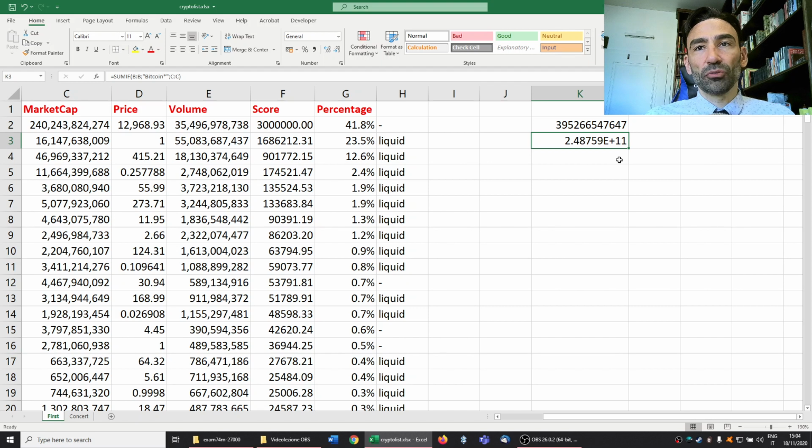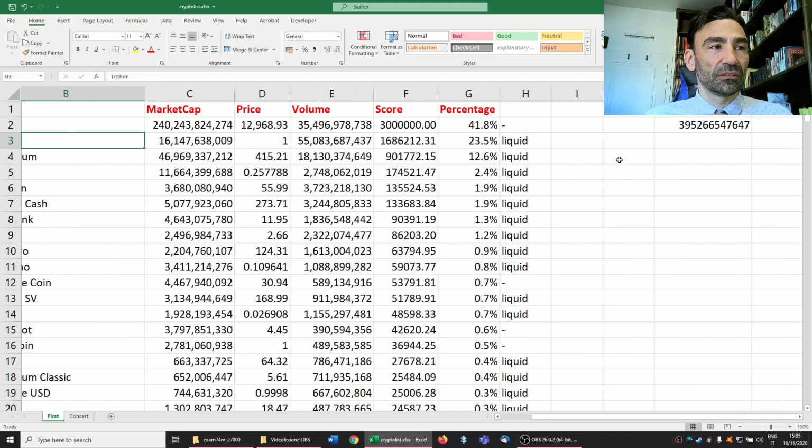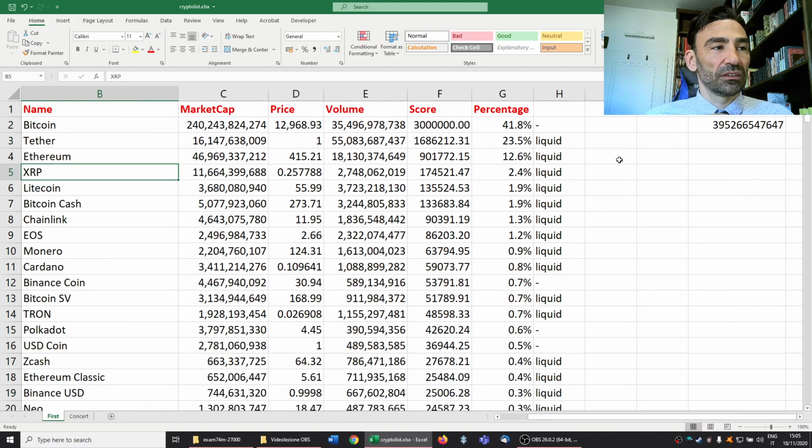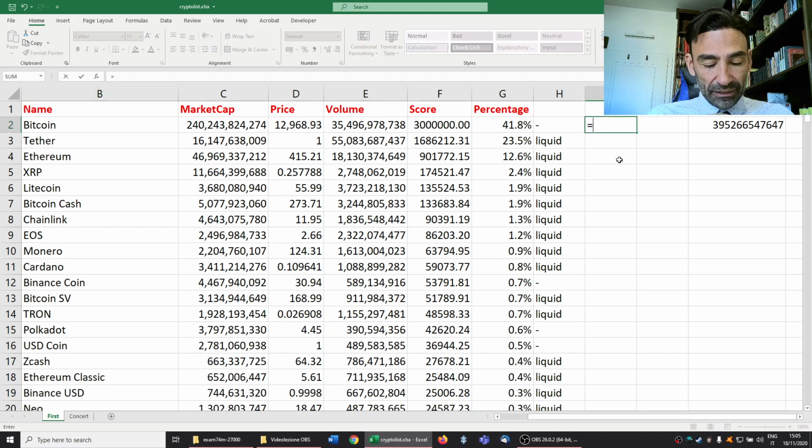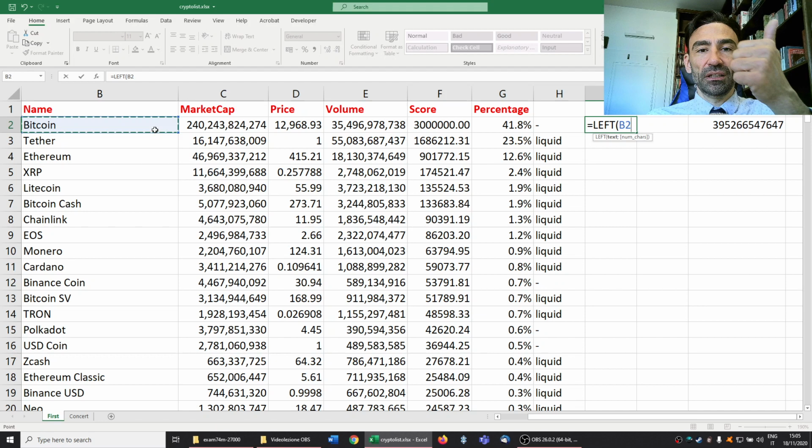An alternative one, which is the one I expect everybody is able to do: you have to think, I have to put as condition that the beginning of the name is Bitcoin. So first of all I get the beginning of the name, so LEFT, this one. How many characters?